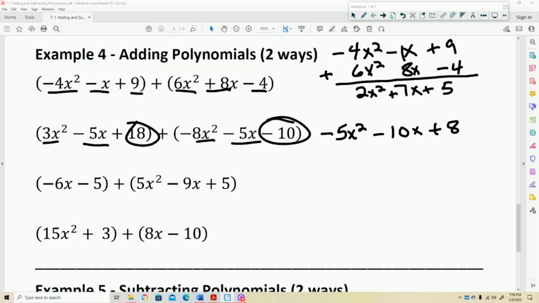Okay, let's look at this one stacked. It really doesn't matter since you're adding which one you put on top. I'll just put the negative 6x on top, minus 5. Okay. Now when I'm doing this one and I'm stacking, the 9x goes under the 6x. Okay, so I've got to put that there. The 5 goes under this 5. And this 5x squared is kind of off on its own because there's not another like it.